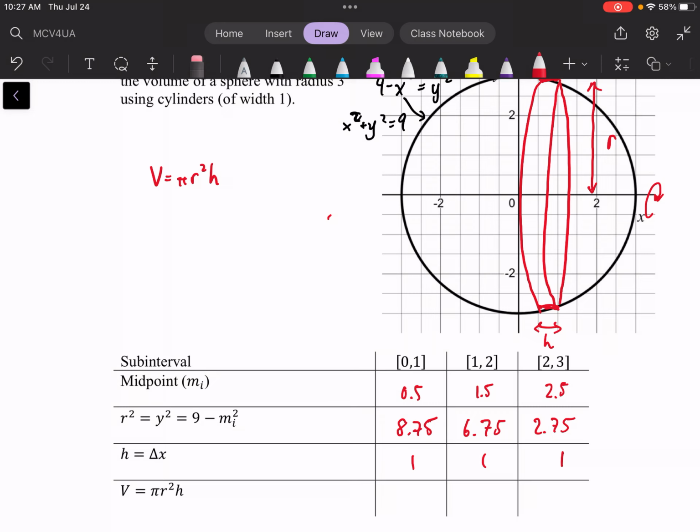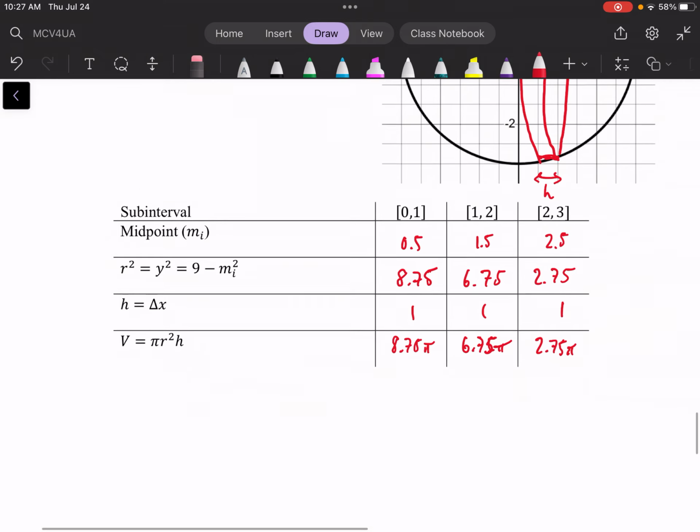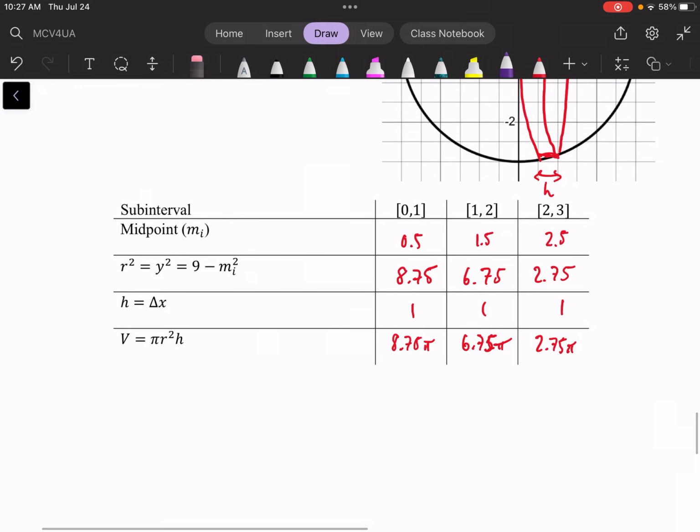So now I'm going to multiply these values by pi, so I get 8.75 pi, 6.75 pi, and 2.75 pi. So a good approximation of this volume is just 8.75 pi plus 6.75 pi plus 2.75 pi.